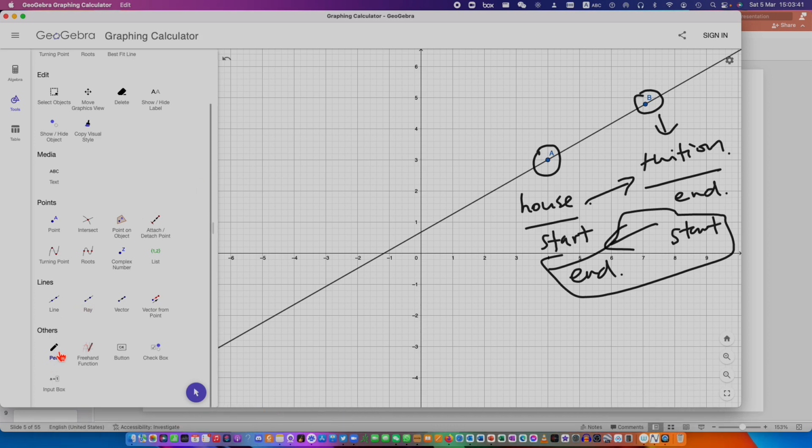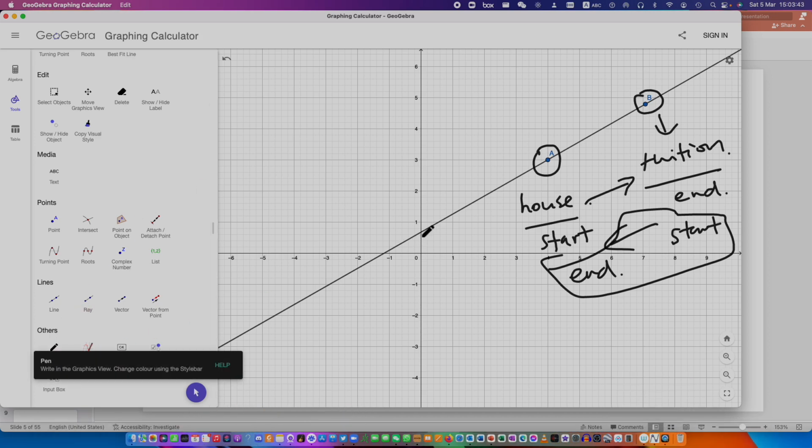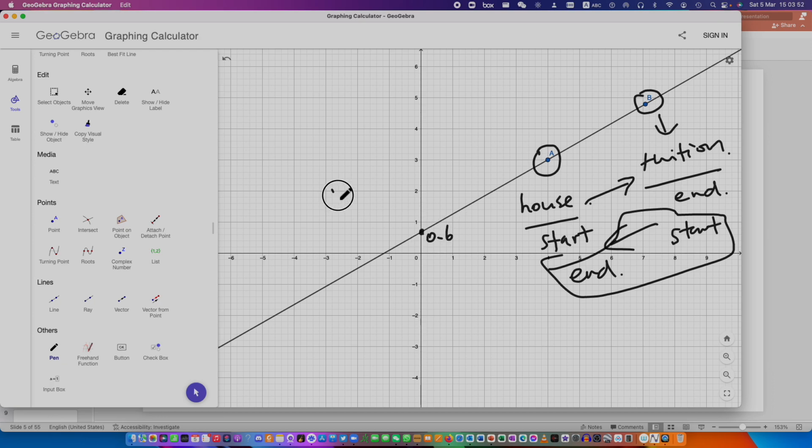Okay, good. So this is 1, 2, 3, 4, 5. So 1 unit is 0.2. How many units? 1, 2, 3. So about 0.6. So this is your y-intercept. Y equals 0.6. So the y-intercept is 0.6.